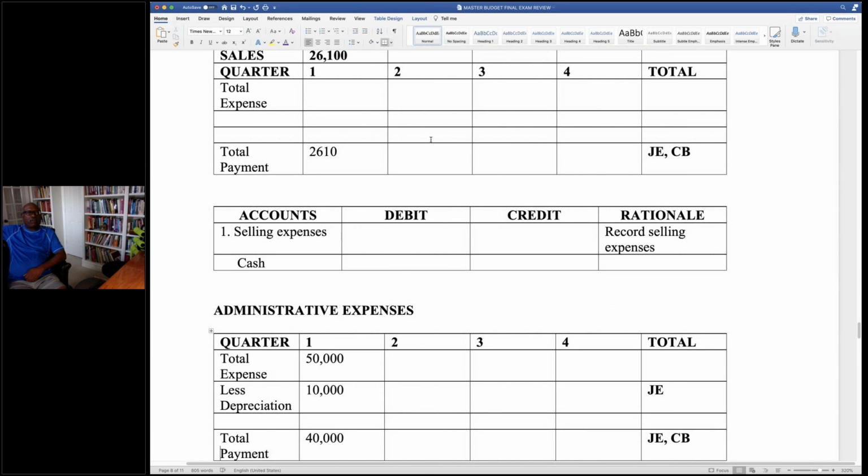51,900 next to the 26,100. Don't put it at the top like you did. They did 10% of that.